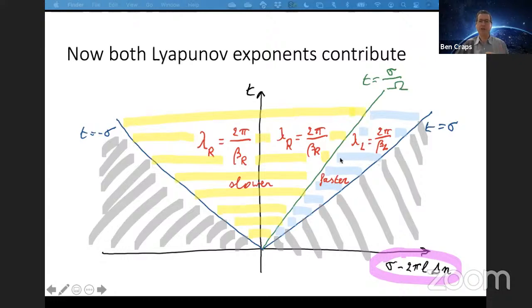So when I sum over delta n, I will get a number of contributions with slow Lyapunov growth and a number with fast Lyapunov growth. Now, if omega is strictly between 0 and 1, so we're not in the extremal limit, then both of these regions will grow linearly with t.